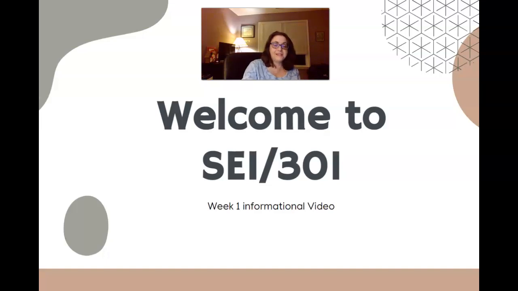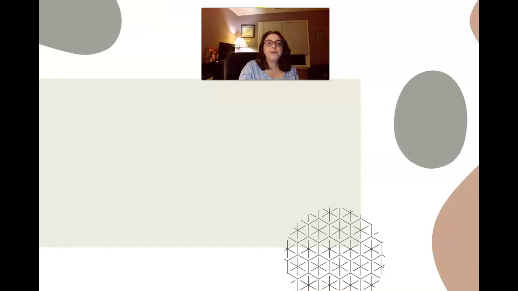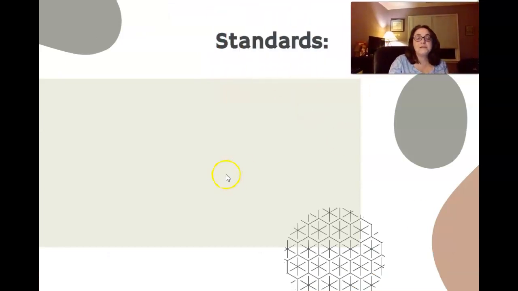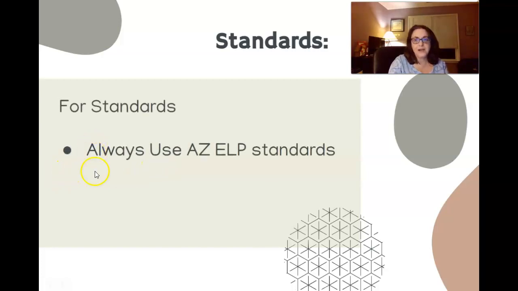Okay, so some introduction type things for week 1. Usually each week I will post some sort of video to kind of further explain things. You're going to see a lot in this course about standards. Anytime you see standards, there's two kinds that we'll be talking about in this course.